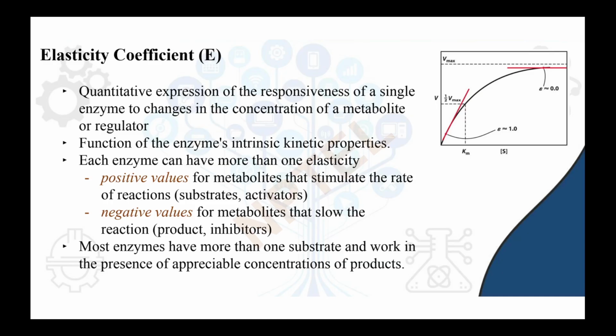It can have positive values for the metabolites that stimulate the reaction. So for an enzyme catalyzed reaction, A goes to B, catalyzed by the enzyme E. Obviously, if more A is present, there will be more substrate available for the enzyme and the reaction will go in the forward direction.